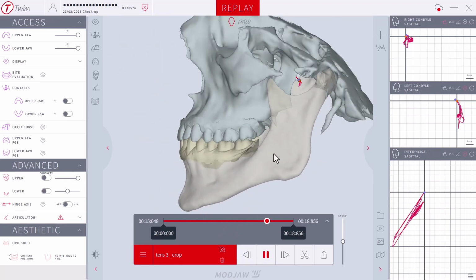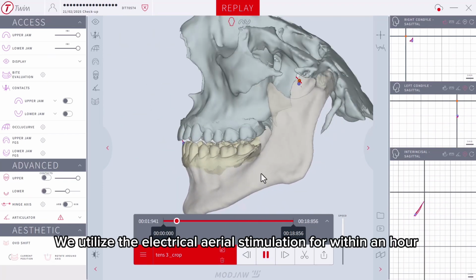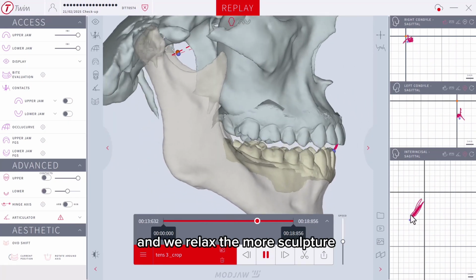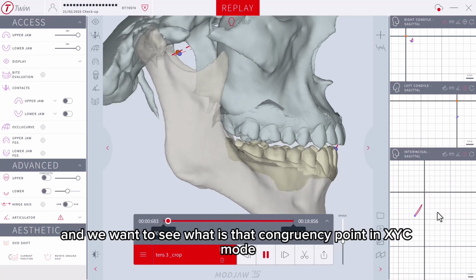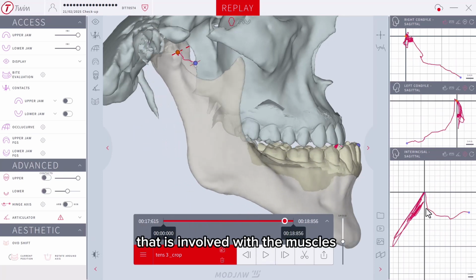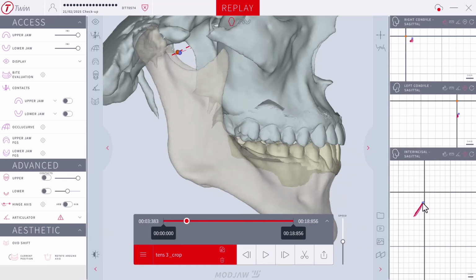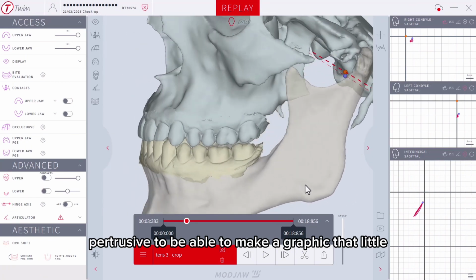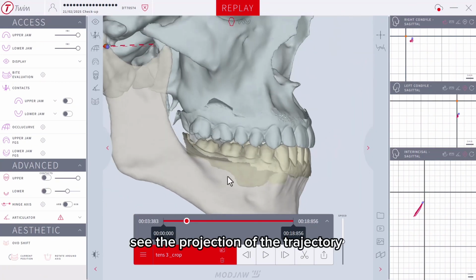During the process, we use transcutaneous electrical neural stimulation for over an hour, and we relax the musculature. We want to see the congruency point in XYZ mode that is involved in the muscles, and we relate it to the incisal protrusive to make a graphic that lets us see the projection of the trajectory.